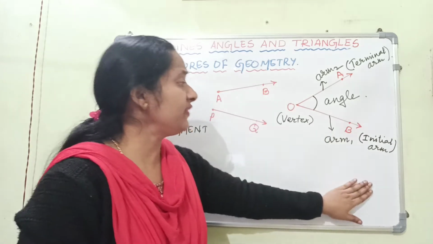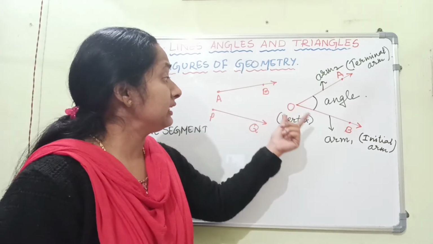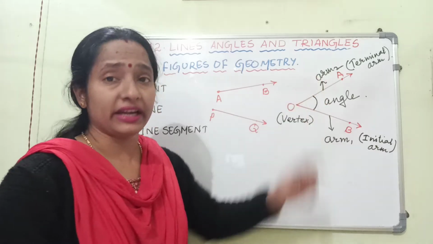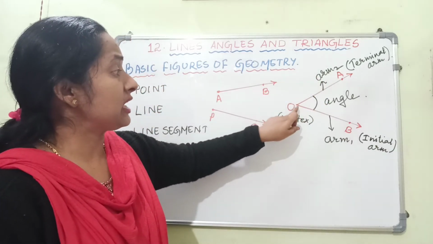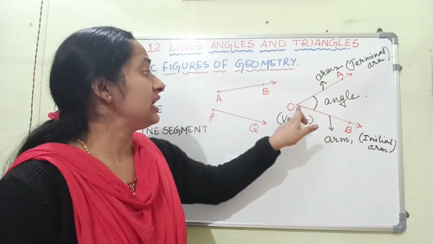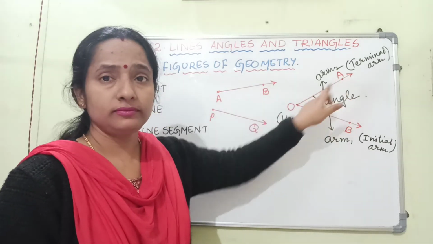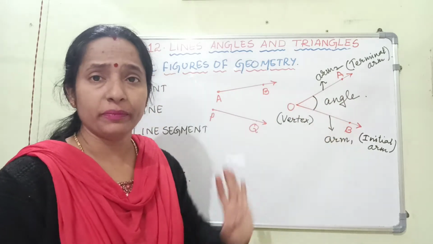Now, how will we represent an angle symbolically? Here you can see we have named the rays of this angle, that is OA and OB, which are forming an angle.